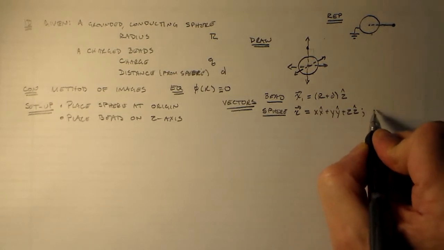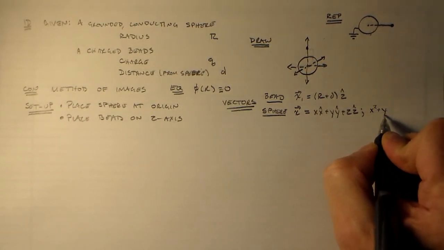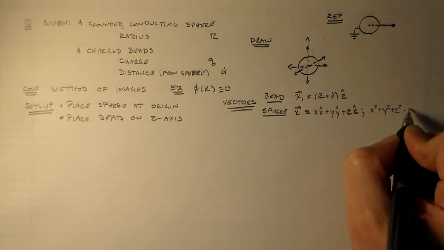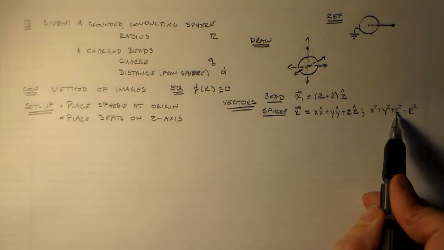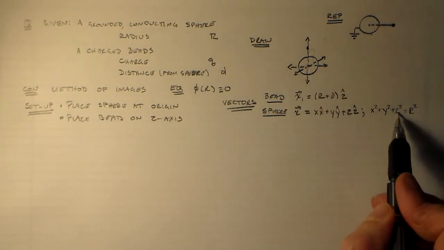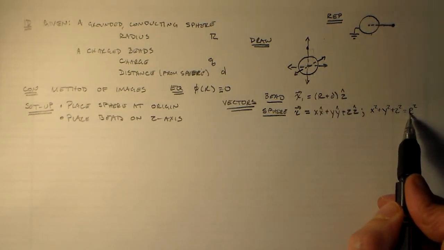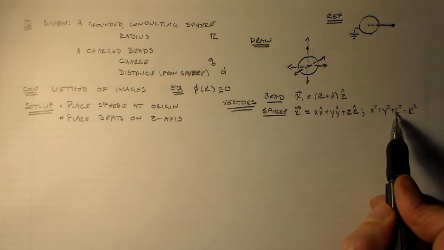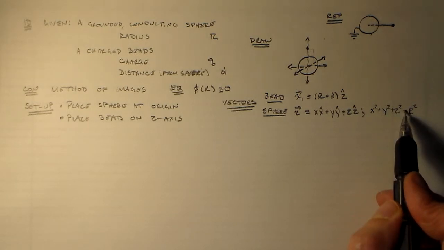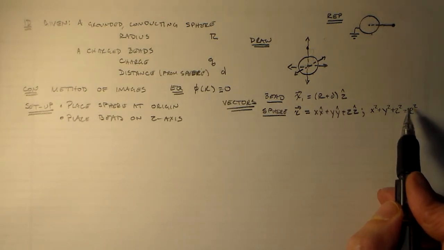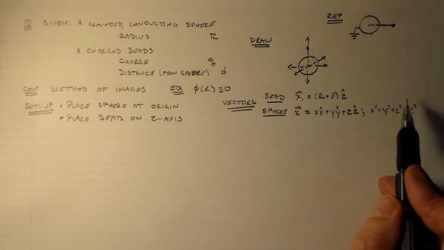To be at the edge of the sphere means the sum of the squares of the x, y, and z coordinates is equal to the square of the radius of the sphere. This is going to show up later on in the analysis. A lot of times when I've done this, it hasn't really shown up, but it does happen in this case. So everything's important in this case. And this isn't even the hardest problem you can do like this.